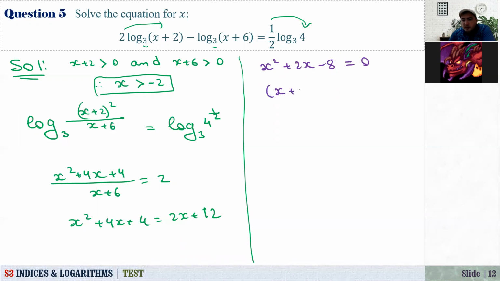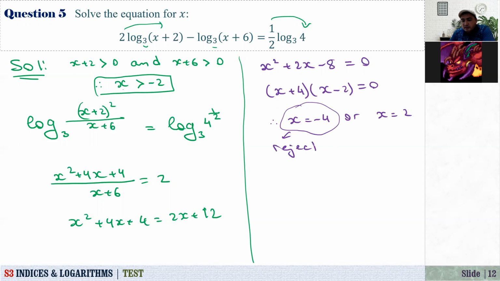So that is x plus 4, x minus 2, equal to 0. So x equals -4 or x equals 2. But we are looking for the solution where x must be greater than -2, right? So -4 does not satisfy that condition, so this answer is rejected. The final answer is that this logarithmic equation has only one solution, that is 2.